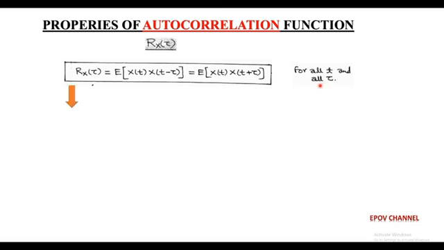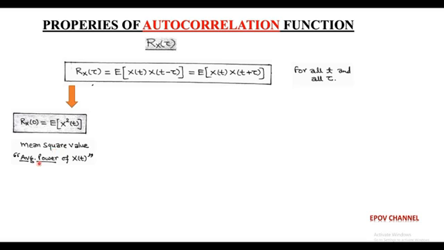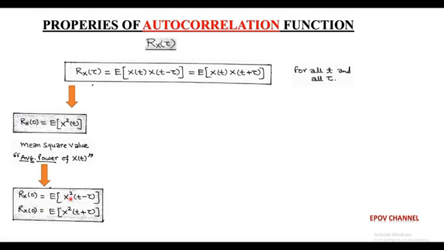The first property is that the maximum value of the autocorrelation function is equal to Rx(0), that is at the origin, and it can be obtained using the expectation of x square t, which represents the mean square value. So at this point, the average power of the random process x(t) is obtained as the expectation of x square (t minus tau) or the expectation of x square (t plus tau).